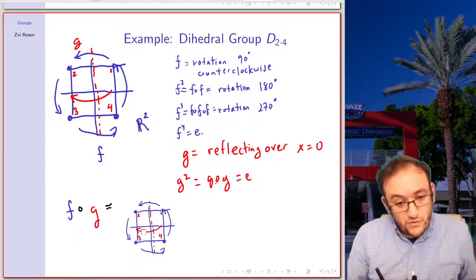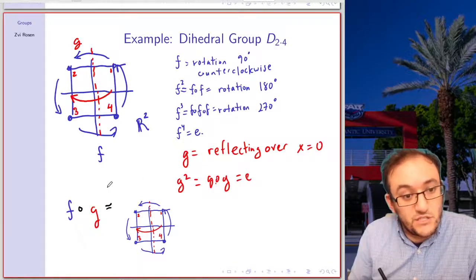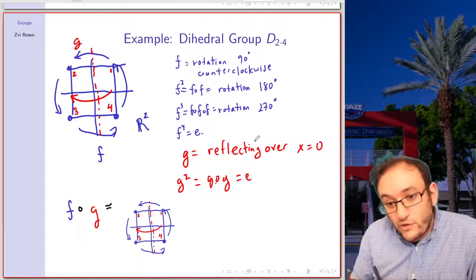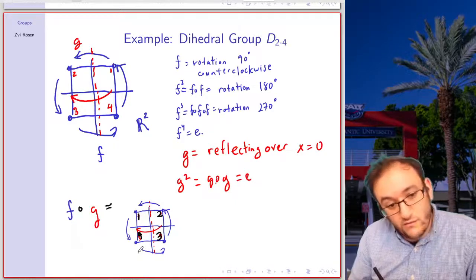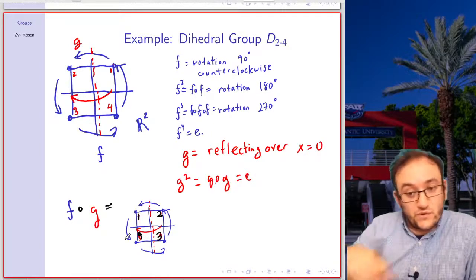So the G is first. So first we swap 1 and 2 and 3 and 4. So our new markings here should be 1 and 2, and this will be 4 and 3. Okay, so it's kind of changed the numbering, so it's no longer going around counterclockwise, it's going around clockwise.